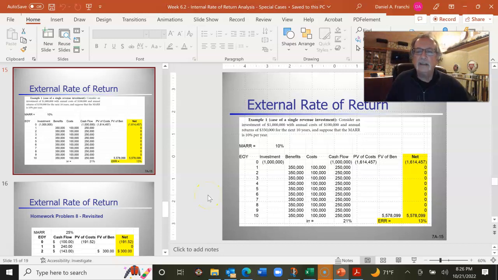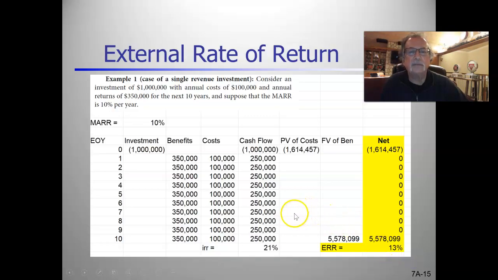Okay, what I've done in the last couple of slides here is I've taken you through a few examples. So I'm doing exactly what I just showed, where we have an investment with benefits, costs, and a net cash flow. And it shows you that you can actually do an external rate of return on a well-behaved cash flow with just one sign change.